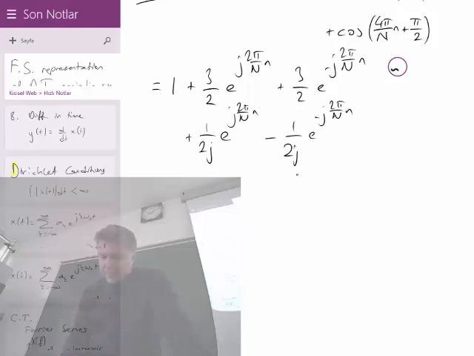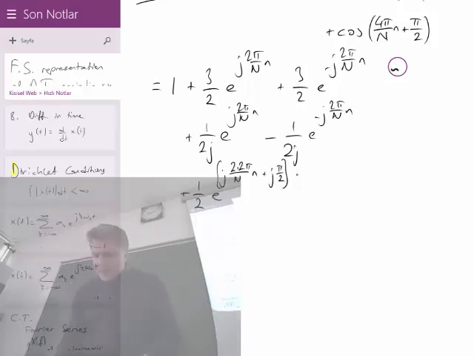You will have a plus 1 over 2. That 1 over 2 comes from the cosine. And then you will have something like this, e to the j, 2 times 2 pi over N plus j pi over 2. So the whole thing that I write is in the exponent.